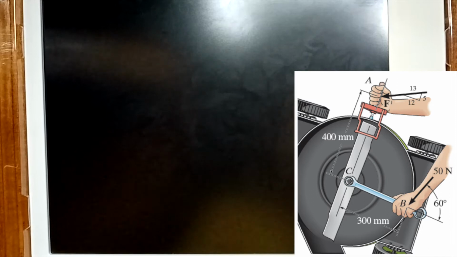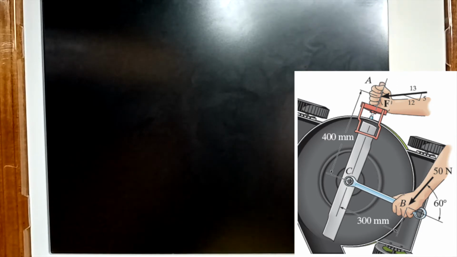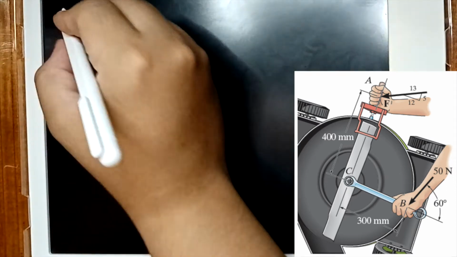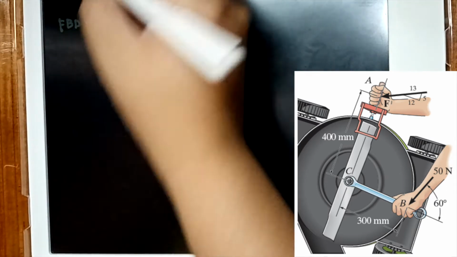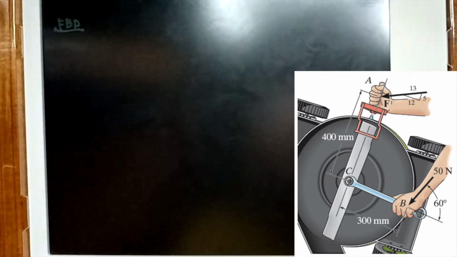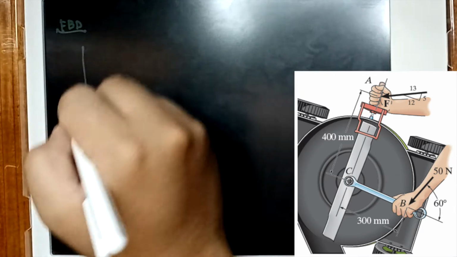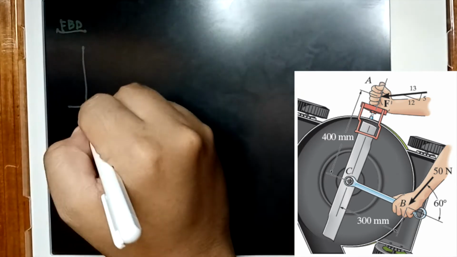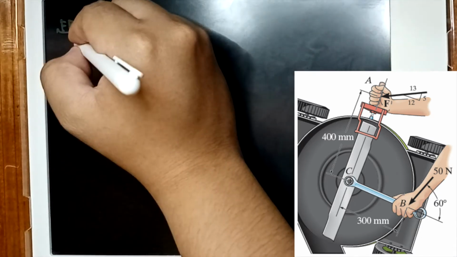So, before solving such forces and moments, kailangan natin muna mag-drawing ng free body diagram. Ito yung pinaka-basic na pwede natin gawin, which is our free body diagram. So, sa free body diagram, mag-plot tayo ng ating X and Y plane.